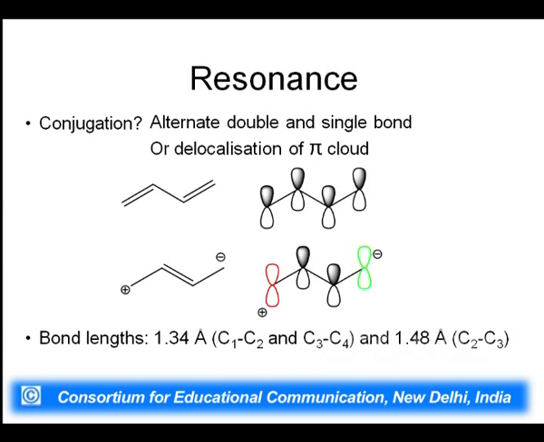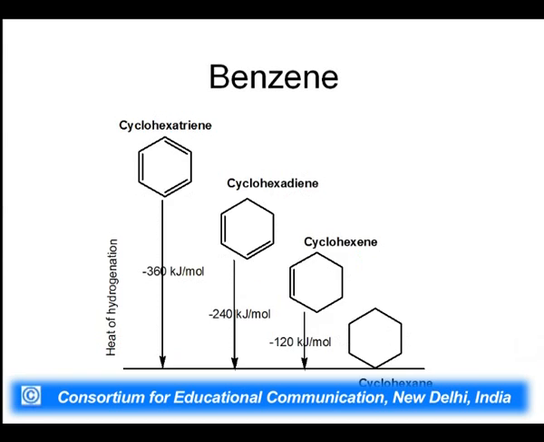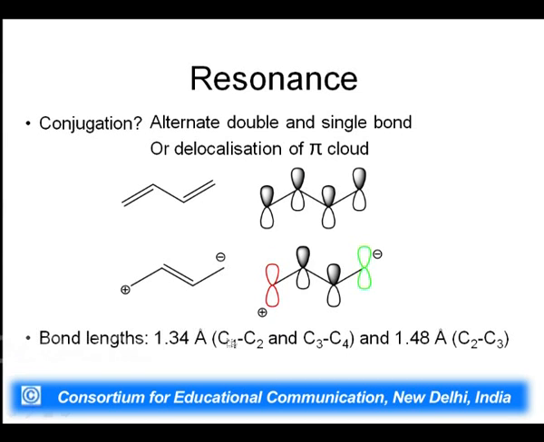What I am trying to suggest is proven by the fact that the bond length of C1 and C2 is 1.34, that of a double bond, but the C2-C3 bond has a bond length of 1.48 angstrom, which is unnatural for a single bond, because a single bond has a bond length of 1.54 angstrom. So we can say that this is not the only representation of 1,3-butadiene.